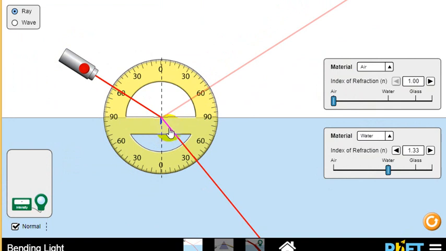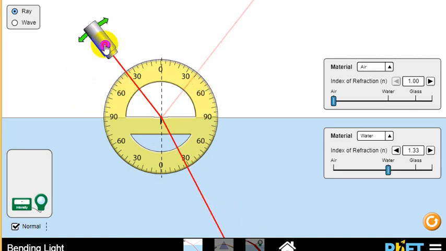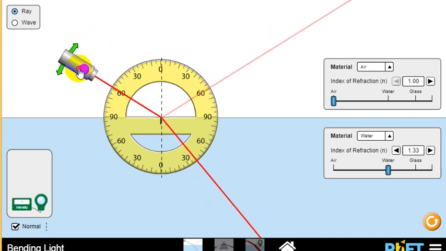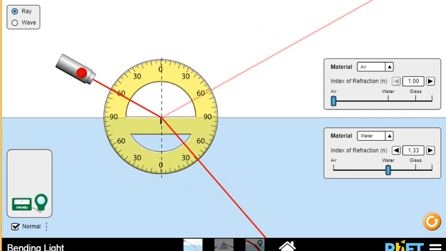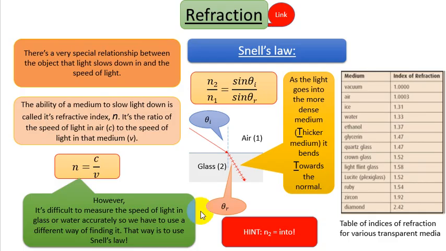So the ratio of the sine of the incident angle to the sine of the refracted angle remains constant. And this constant number we can also get by the ratio of the indices of refraction, n2 over n1, which gives the same number as the angles.